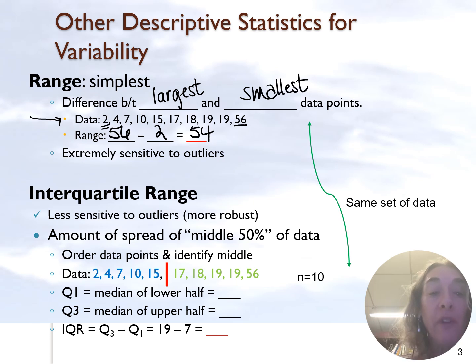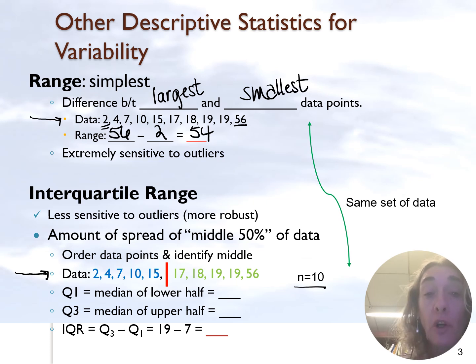It's defined as the amount of the spread of the middle 50% of your data. So let's step through how you would determine the interquartile range. We're going to take the same set of data here as we had initially. It's ordered. There are 10 pieces of data.